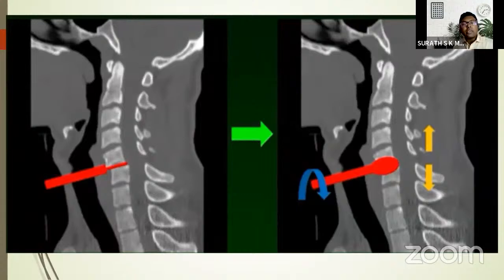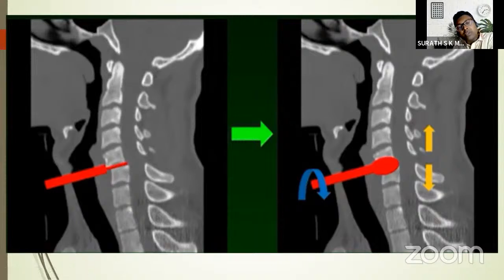I follow the AO guidelines. As mentioned before, I perform and proceed according to that guideline. My preferred approach is anterior first. I try to reduce the dislocation after the discectomy. I don't have the laminar spreaders; we only have the Caspar distractor pins.